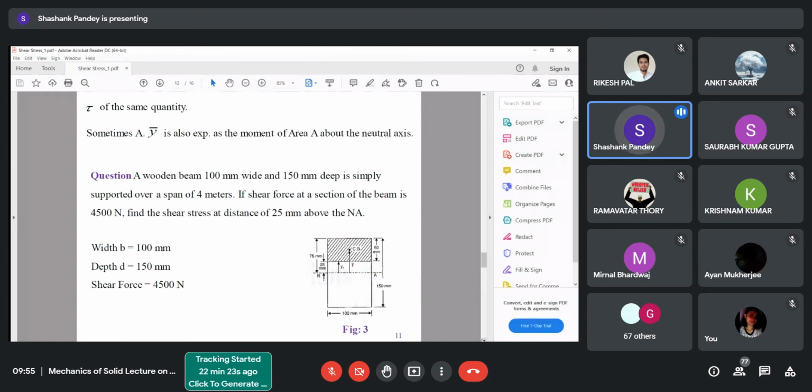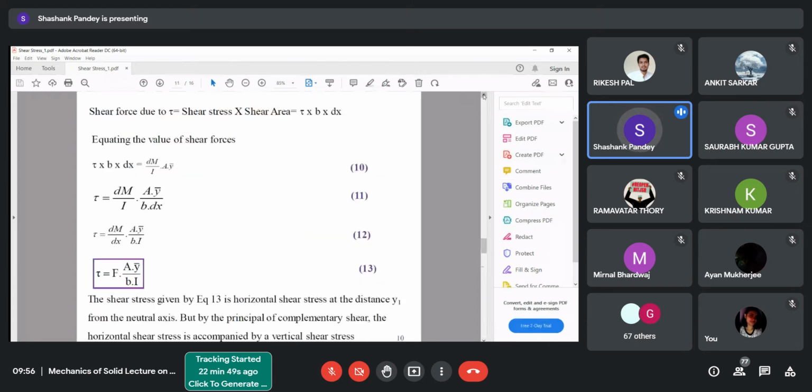So let us draw these dimensions as shown in our figure number 3. Here we have 100 mm as the width and the thickness is 150 mm. The shear force is given to us as 4,500 Newton, and we are supposed to find the shear stress at a distance of 25 mm above the neutral axis.